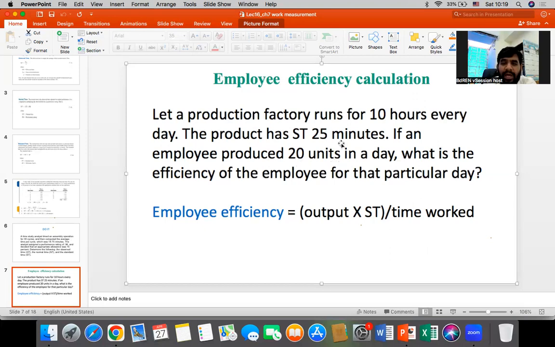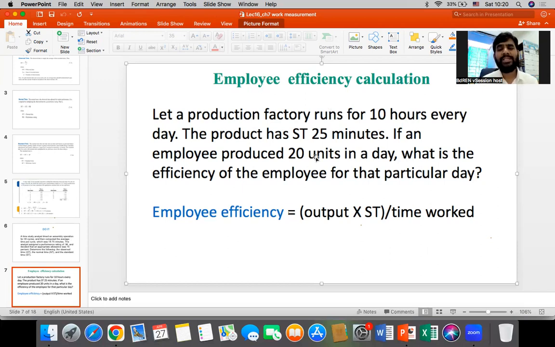But how can we use it for calculating the efficiency? You have to convert these units into time, because the available input is in time.